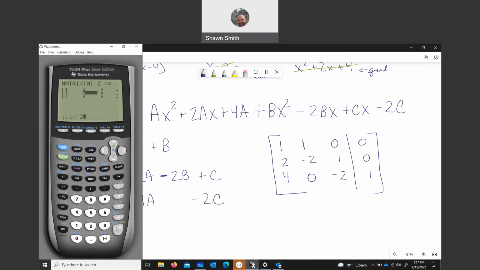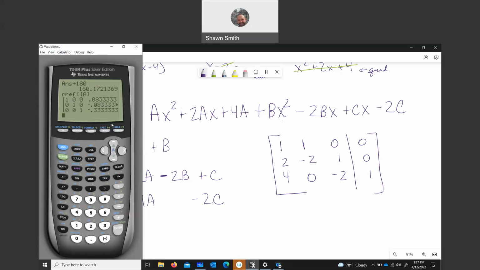Two, negative 2, 1, 0, 4, 0, negative 2, and 1. On a blank screen, go back to the matrix menu, do some math on that. We're going to do RREF, option B. Recall matrix A, go back to the matrix menu, choose it, number one, enter.